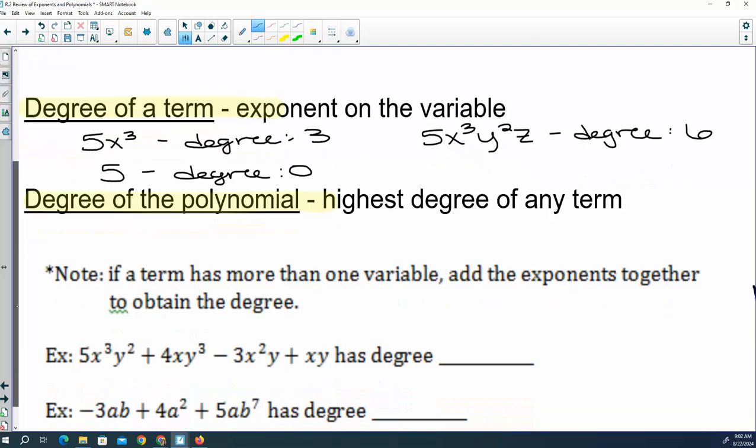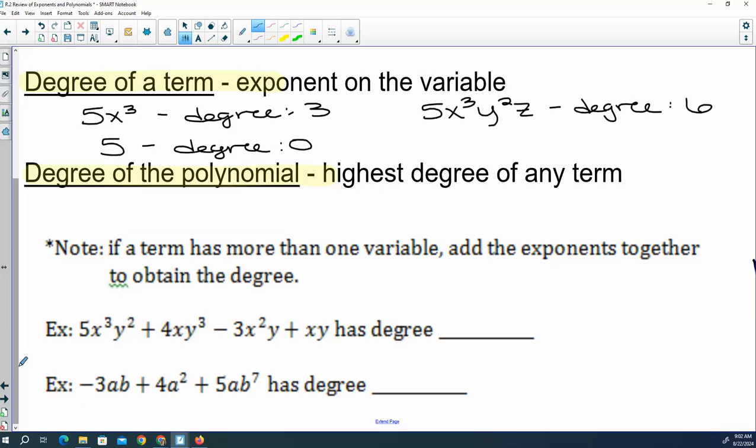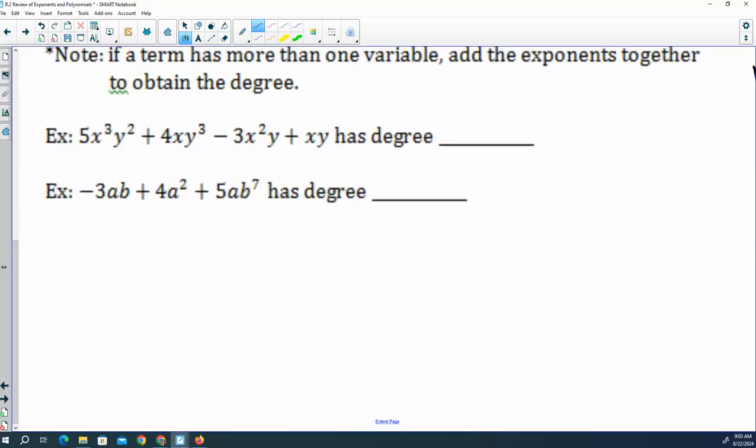So let's look at a couple examples with those. In this first one, if I ask for the degree of this polynomial, we have to look at each term. So the first term, how many variables does it have? 2 variables. Well, it has 2 different variables, but if we think about the exponents as well, it has 3 x's and 2 y's.